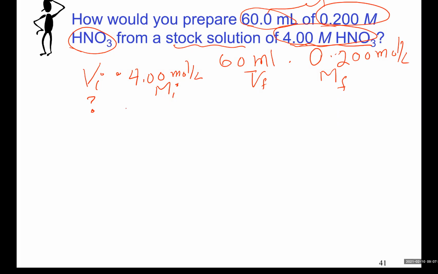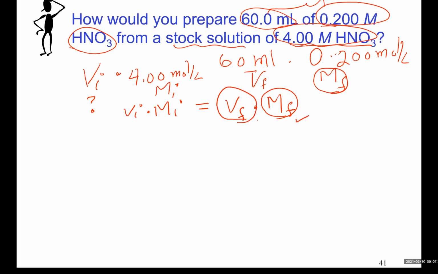So can I say, based on the principle, that initial volume times initial molarity is equal to final volume times final molarity. In this, I have final molarity, I have final volume, I have initial molarity.